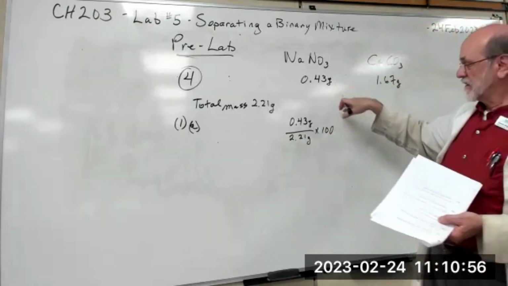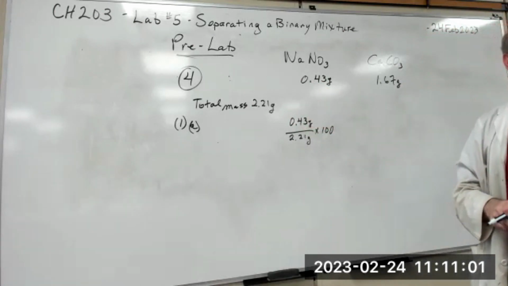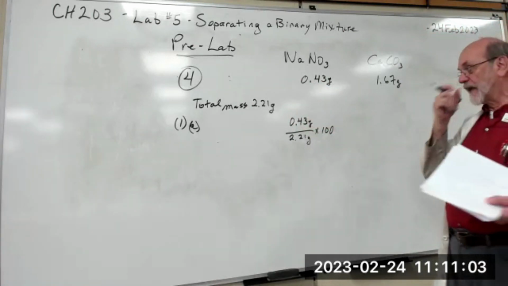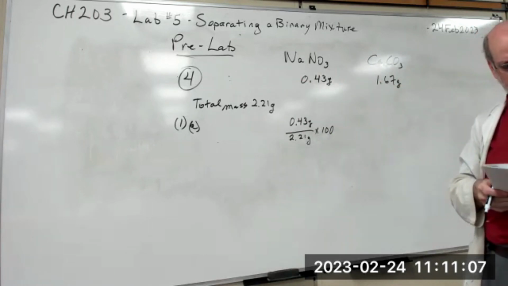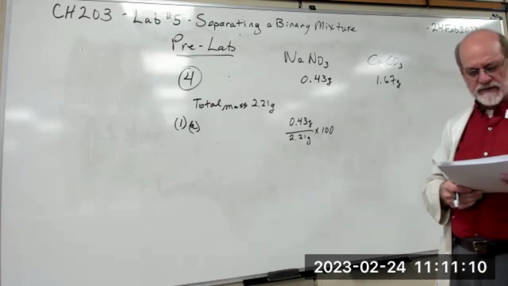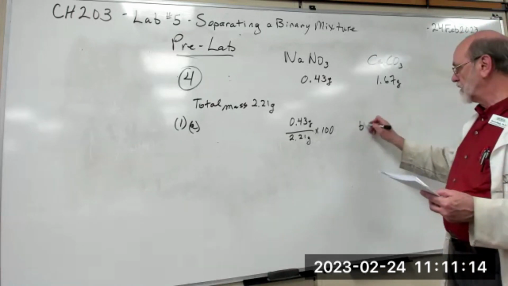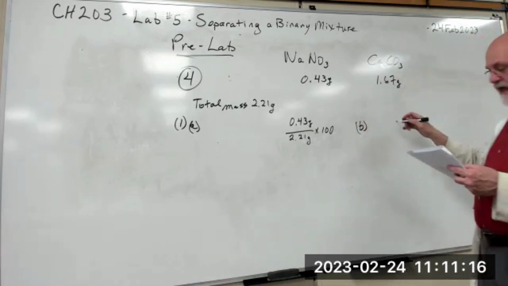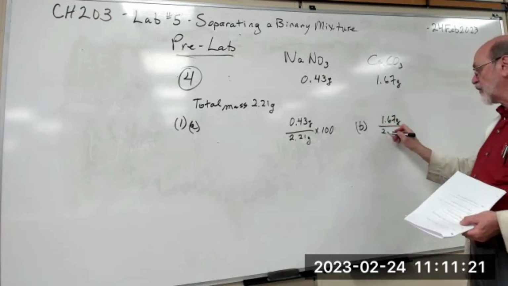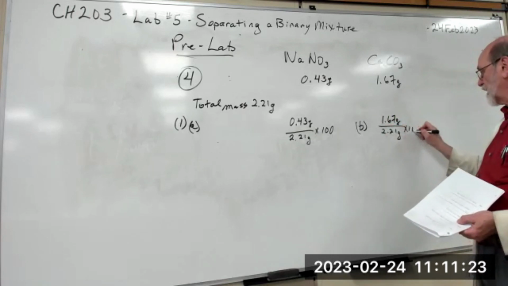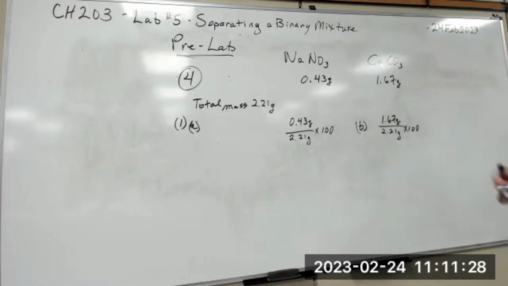That'll be the percent of the sodium nitrate in the sample. And this will be a similar process for what you're going to do. I'll let you calculate that value. Also calculate the percent of calcium carbonate in the sample: 1.67 grams per the same total, 2.21, times 100. That'll give you the percent composition of calcium carbonate in the sample.